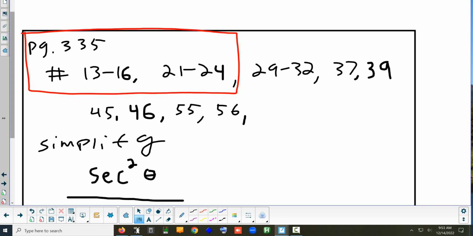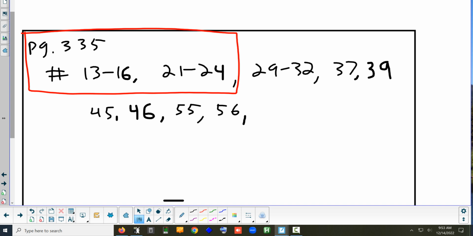Tomorrow, what I'm going to check is what's in that red box: 13 to 16 and 21 to 24. 29 to 32 is using a calculator, because if we have an angle that's not a multiple of 30, we're not going to be able to find a coordinate. So I'm going to show you how to type it in on a calculator. It's very easy, but I just haven't shown you yet. Same with 37 and 39. This is all calculator. So what's not in the red box will be homework tomorrow night. What's in the red box is the homework for tonight.